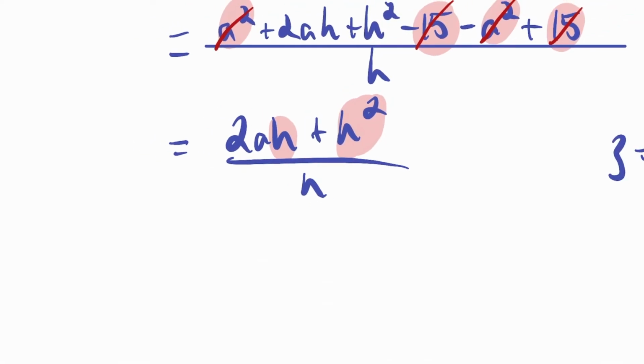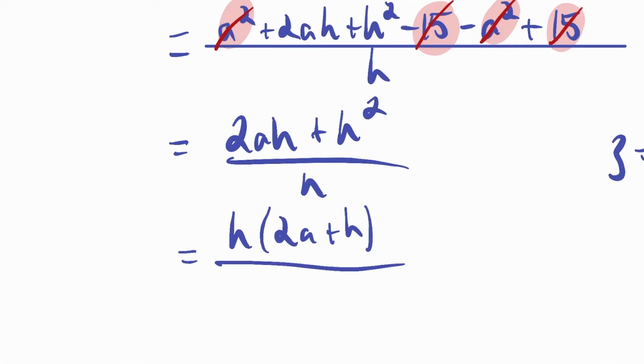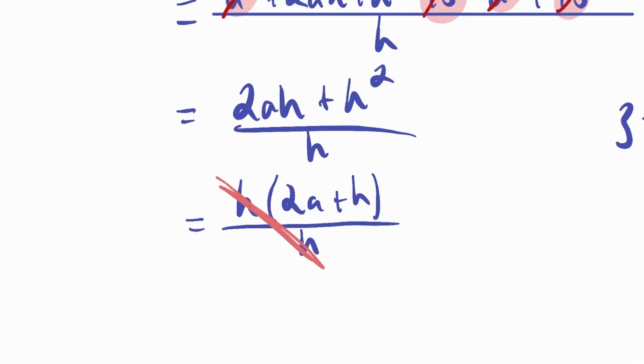So both terms have an h. So I could factor an h out of the top and say that I have h times 2a plus h all over h. And I just realized my h in the other denominator is not very good. There we go. Now these h's can cancel. Okay. And I'm left with 2a plus h. So this is the result of the difference quotient.